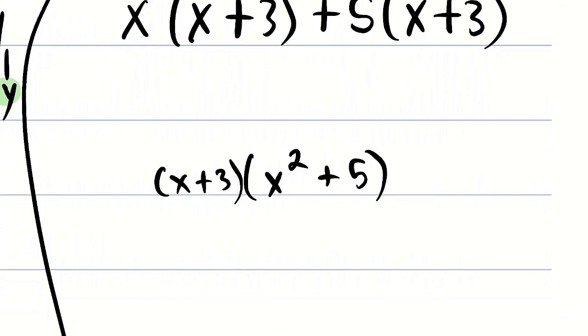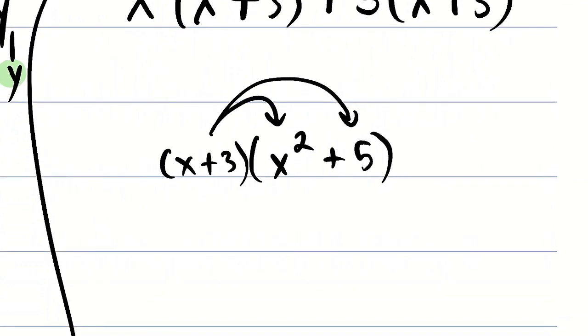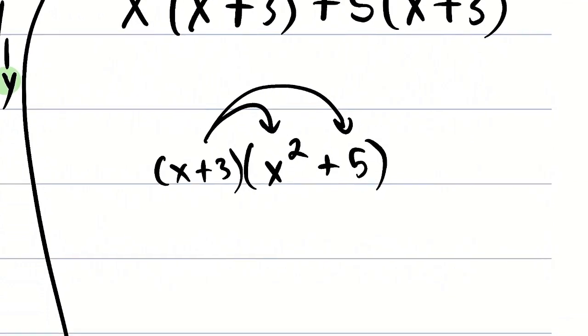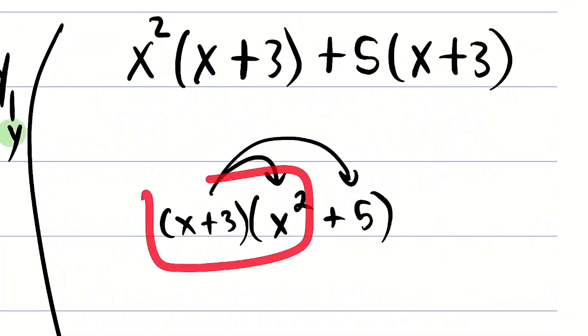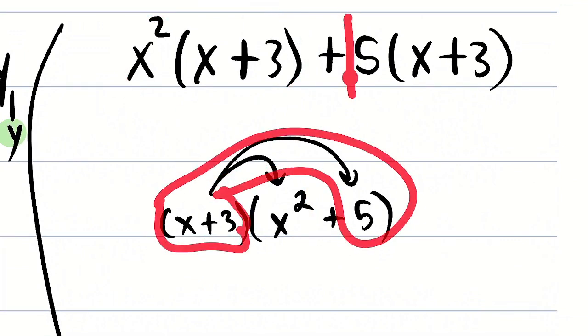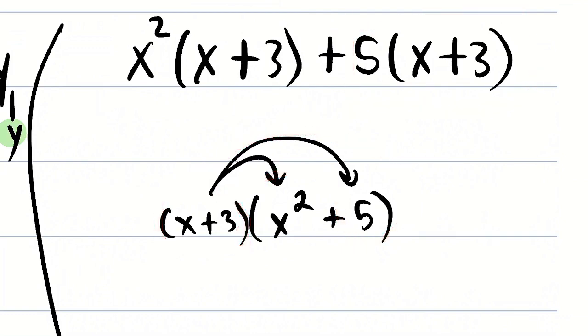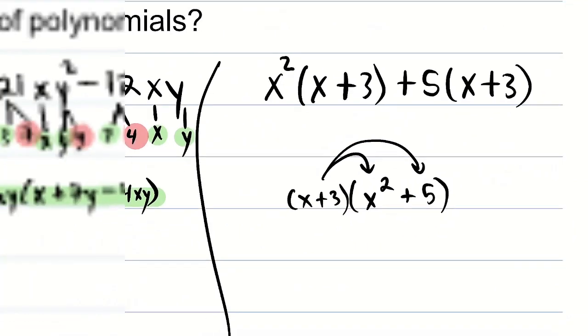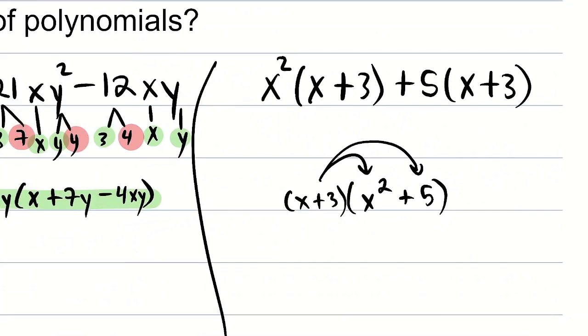So I'm not going to FOIL this. I'm just going to distribute it out. So x plus 3 times x squared gives you the same thing you started with right here. And then x plus 3 times 5, that's what you have over here. So this has been factored completely. And that is your answer.